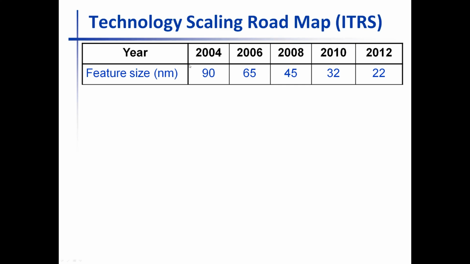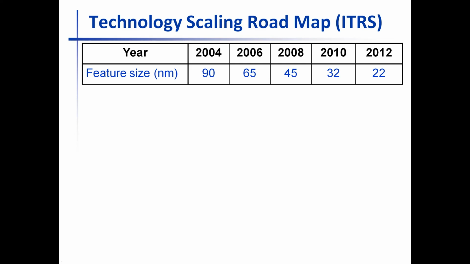Before I ask that question, let me just explain what this title is: Technology Scaling Roadmap. This is, of course, how the technology scaled, the feature size scaled down over time, and this roadmap is produced by an entity called ITRS. ITRS stands for, if I remember correctly, International Technology Roadmap for Semiconductors.